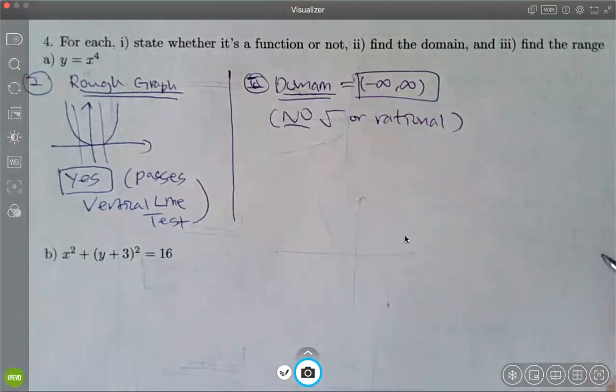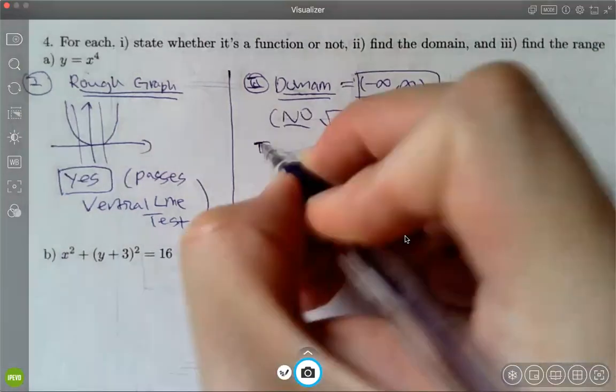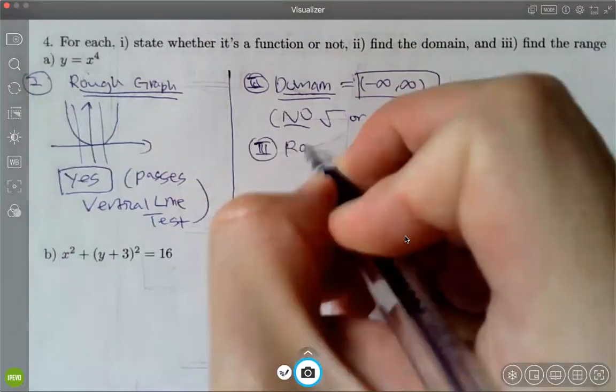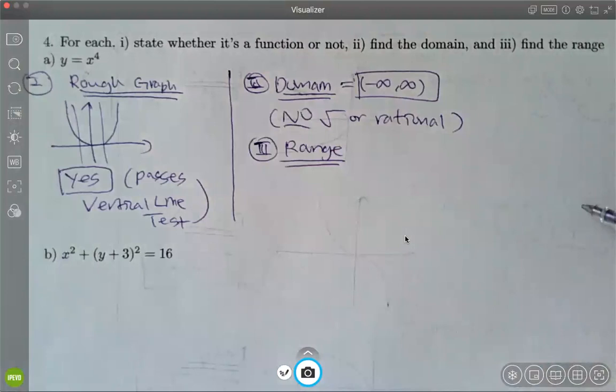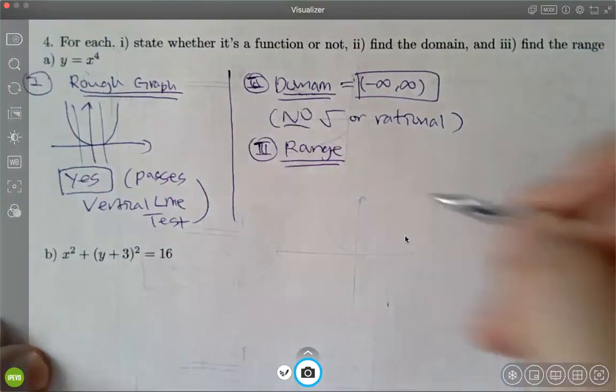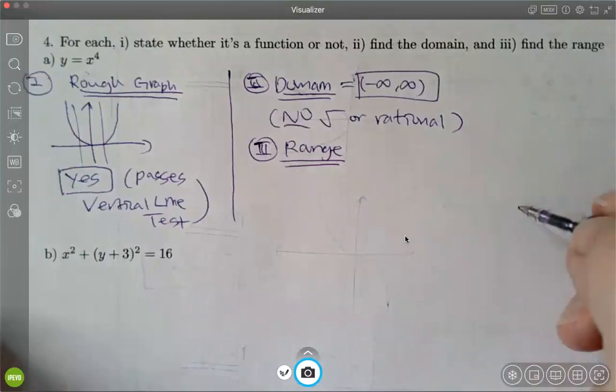Now, what is the range? Can we see it from the graph? So, is it everything? Negative infinity, comma infinity?